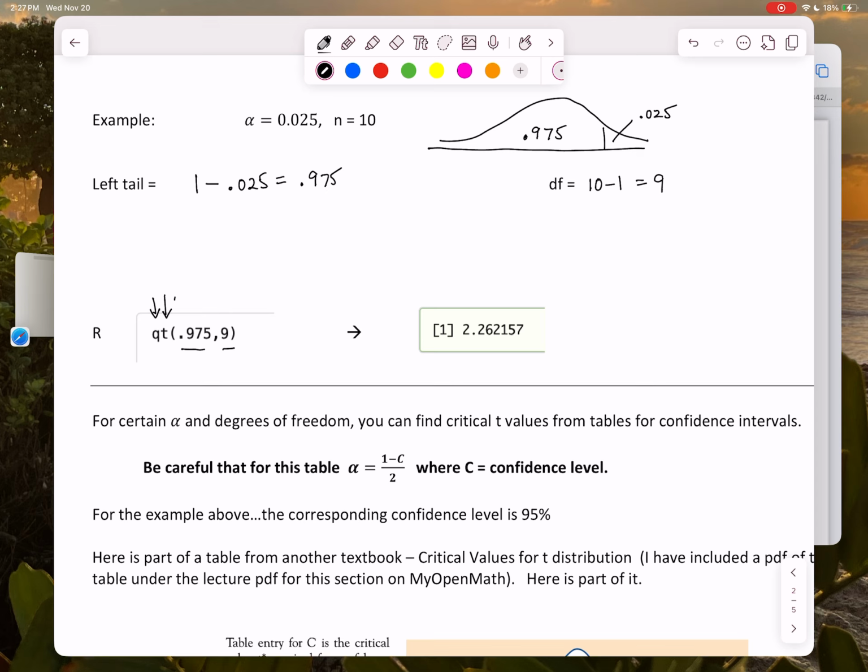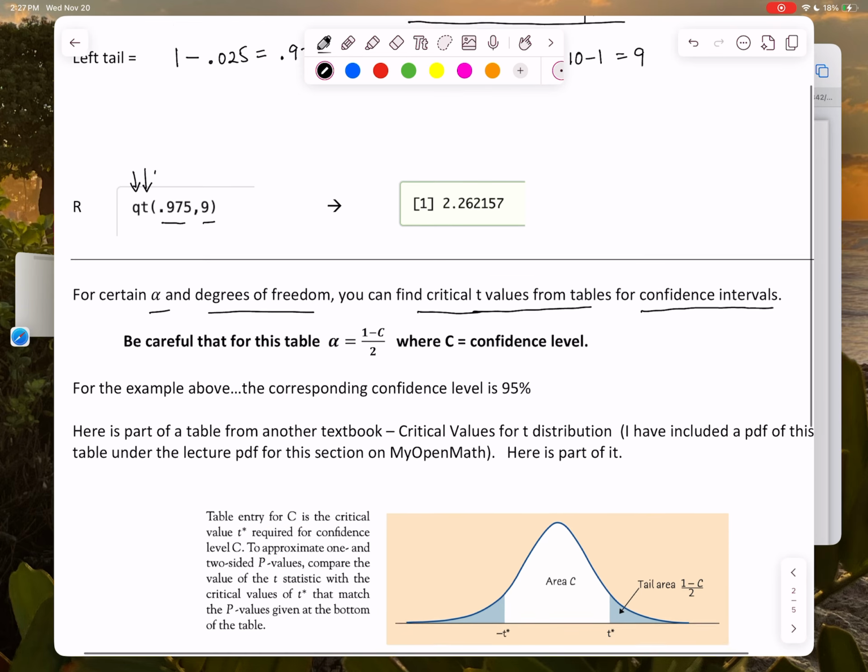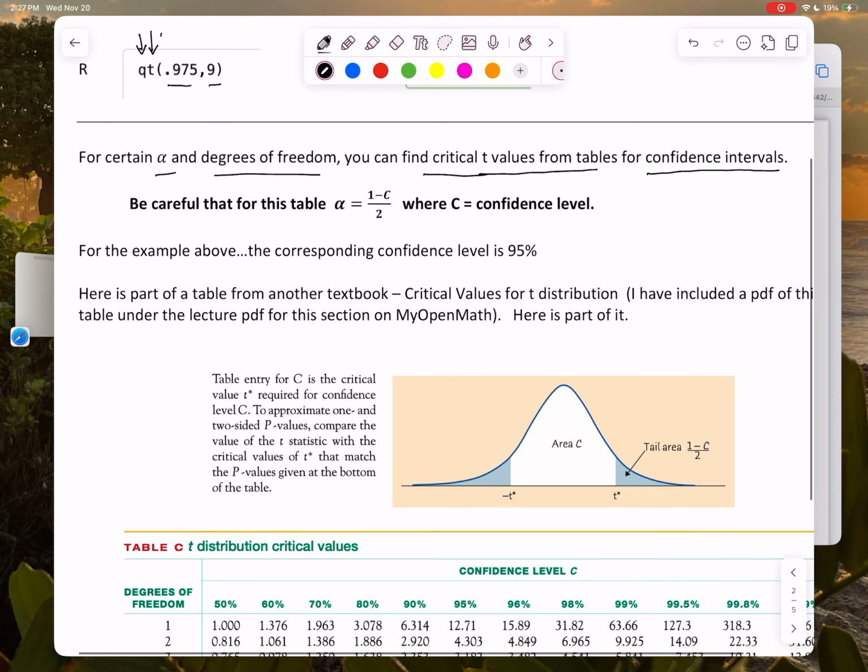So you can use R to find these critical t values. There are also some tables that can give us these critical values. For certain alphas and certain degrees of freedom, we can find these critical t values from a table, and we're going to be using these for confidence intervals. This table isn't the one that's in your textbook. It's one from another class I'm teaching. I kind of like it better than the one you're given.